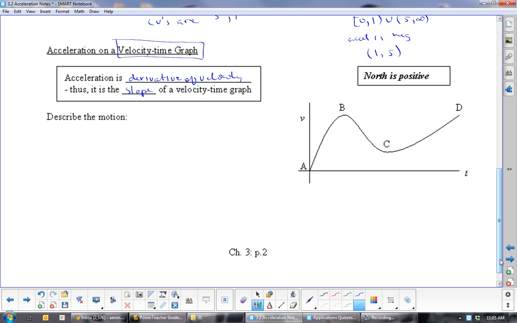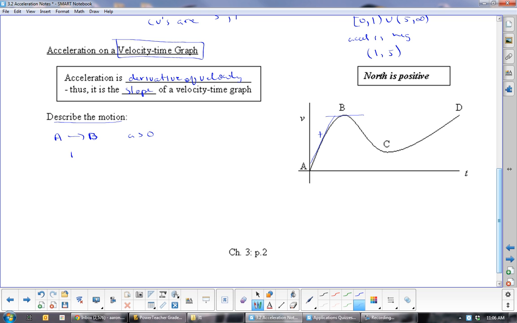Okay? So if this is a velocity time graph, describe the motion. We're just going to describe when acceleration is positive and negative. So from A to B, what would you say about acceleration? It's positive, right? And you could just draw a slope in there, right? So A to B, I would say acceleration is greater than 0. Okay? What's happening at point B?